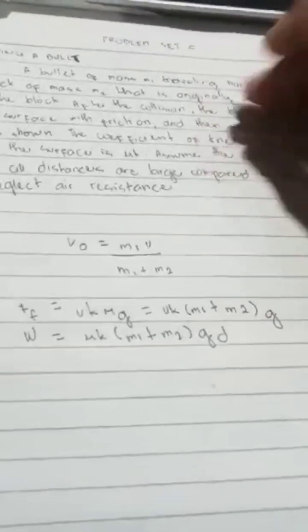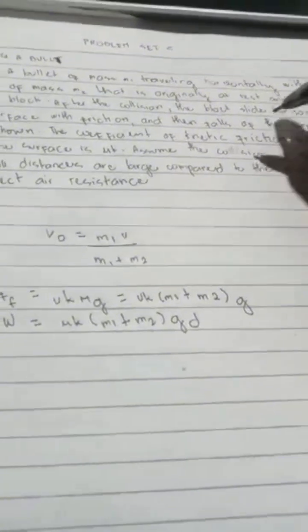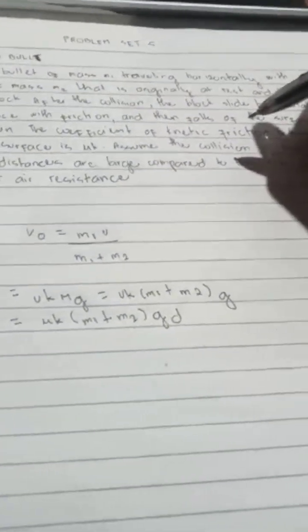For the system to just make it to the edge, the initial kinetic energy of the bullet-block system must be exactly equal to the work done by friction.